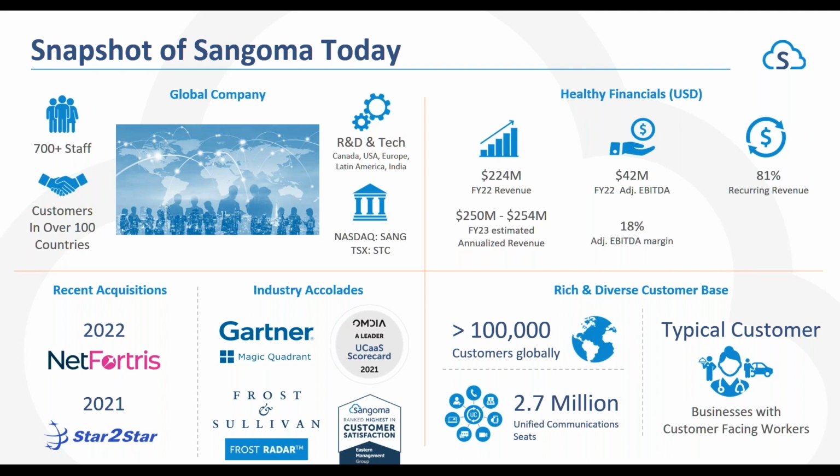We have customers in over 100 countries, and we deliver our solutions globally. We have a huge customer base globally. There are more than 2.7 million unified communication seats deployed by Sangoma.